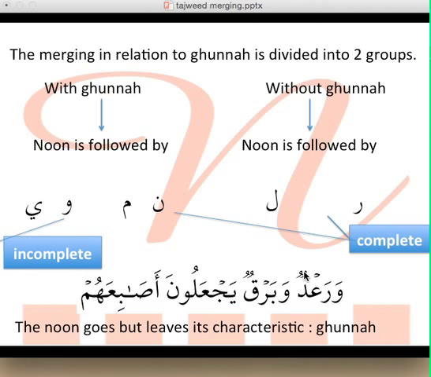Incomplete because the tanween is gone, but we still read the ghunna. وَرَعْدٌ. That's the ghunna. Now قُنْيَ, the same thing, exactly the same rule. Idgham with ghunna from this group, incomplete.